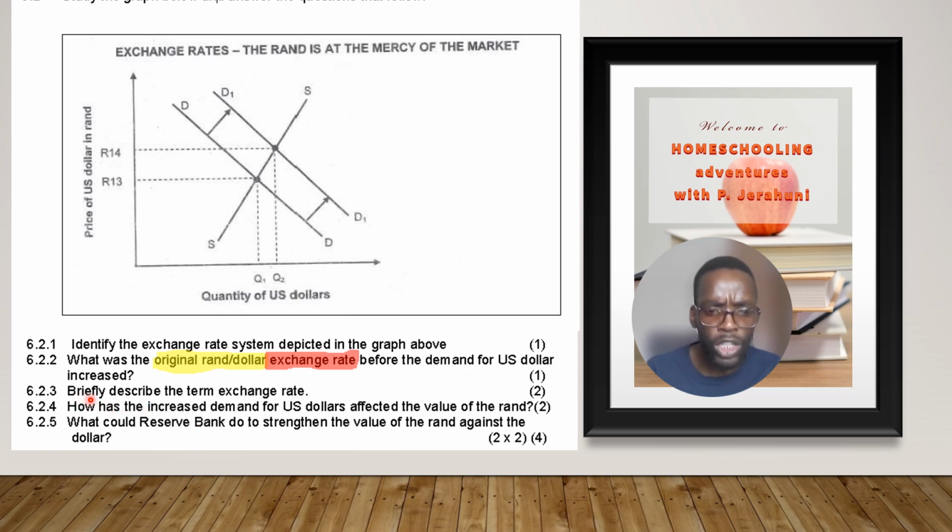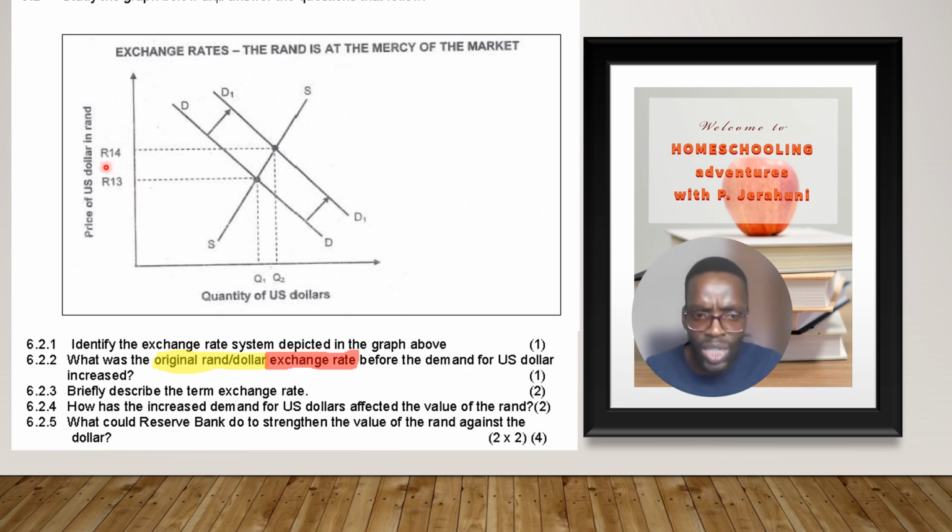Then the next one, 6.2.3: briefly describe the term exchange rate. When we talk about the exchange rate, learners, this is the amount of one currency exchanged for the other currency.